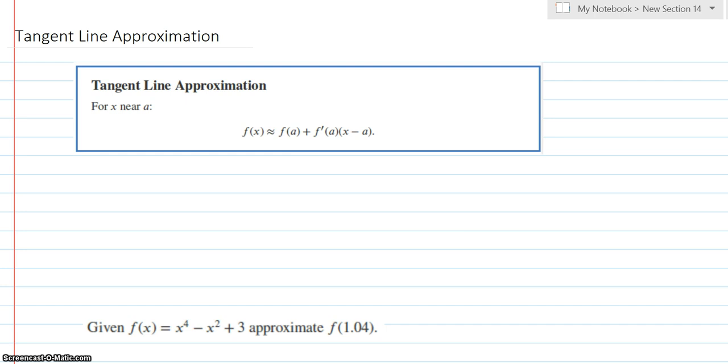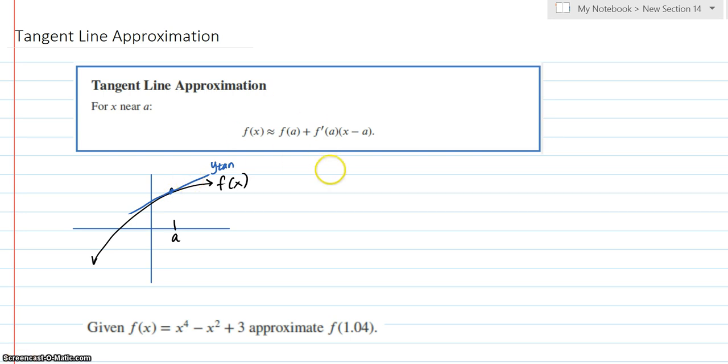So what this is saying is, if you're at a point a on some function, let's call this f of x, and you draw the tangent line, so here's the tangent line, the values of the actual function near a are approximately the same as the values of the tangent line.